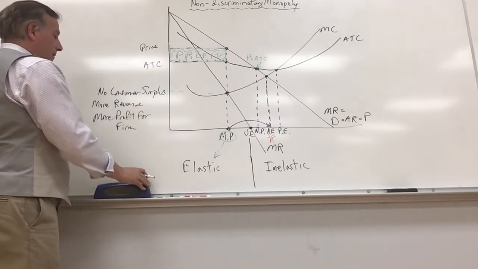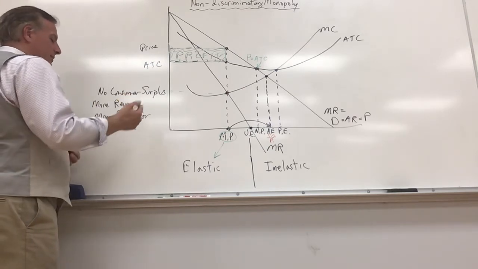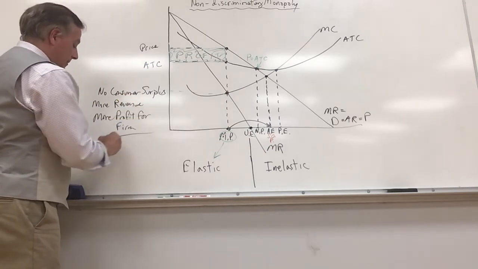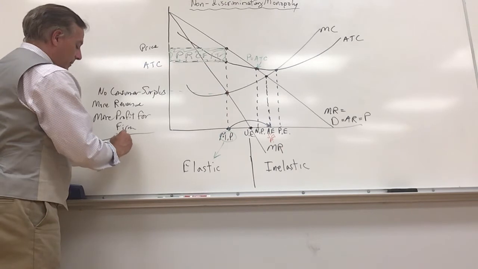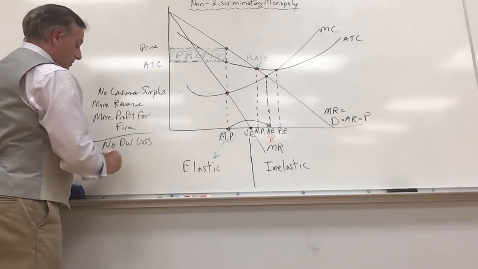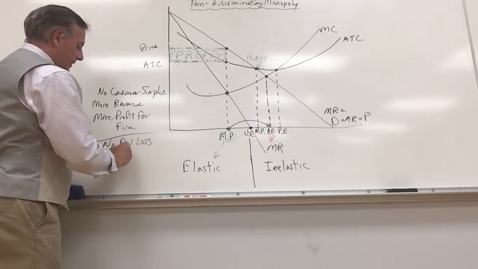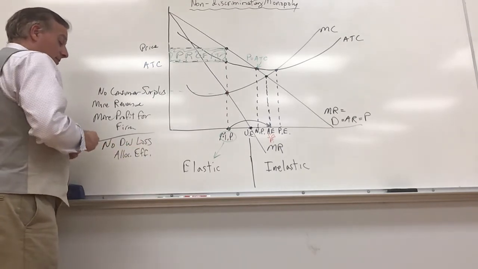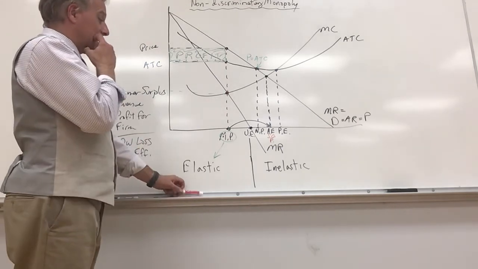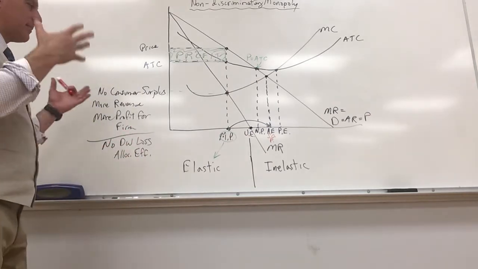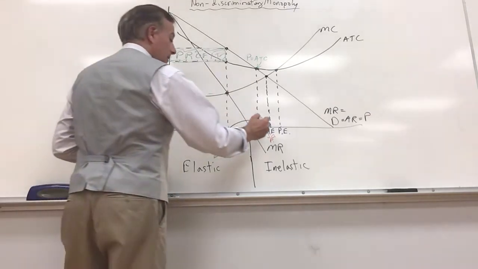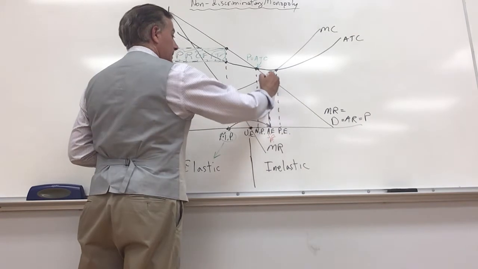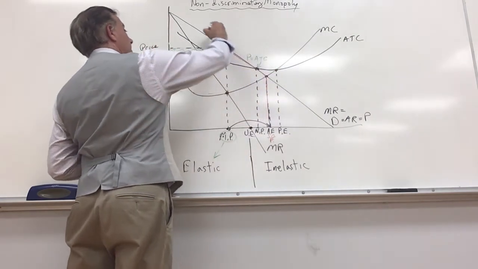Some good news potentially for society is there's no deadweight loss. So it is technically allocatively efficient. I have to kind of swallow hard when I say that because it is so bad for the consumer, but because there is no deadweight loss, it's technically considered allocatively efficient.